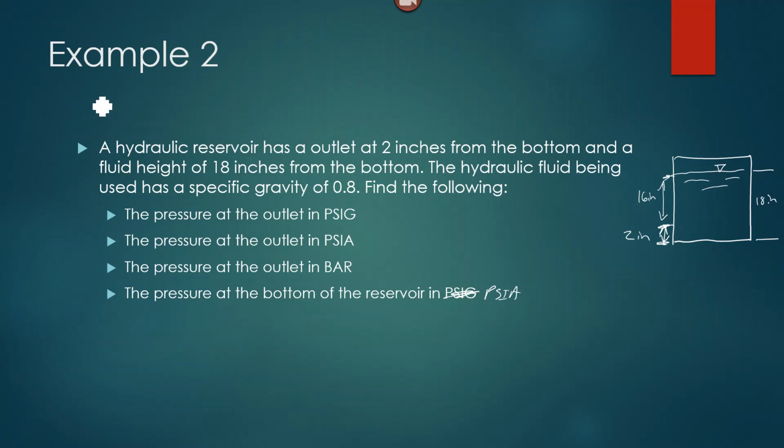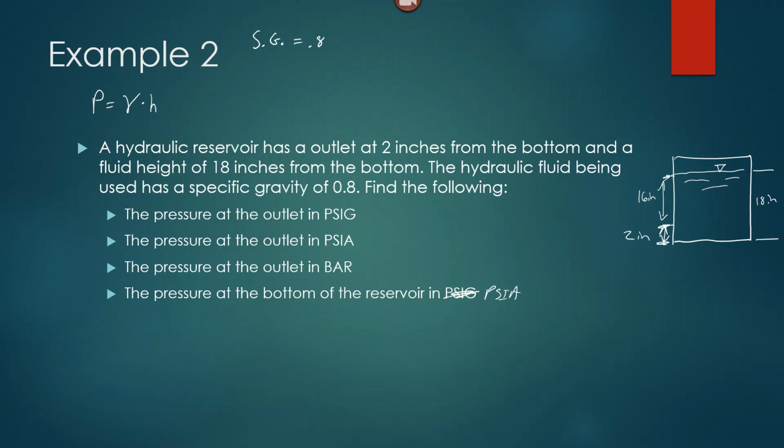We have pressure equals specific weight times height. We do need to find the specific weight of this fluid. The specific gravity of the fluid is equal to 0.8.